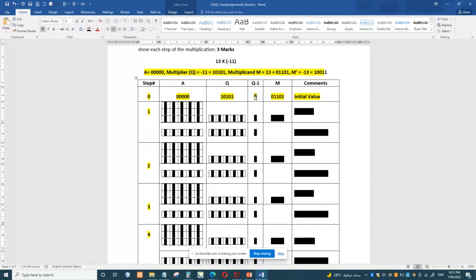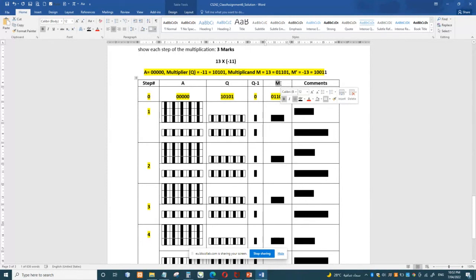But if Q is 1 and Q minus 1 is 0, we perform a subtraction, A minus M, and the result is stored in A. If Q is 0 and Q minus 1 is 1, we perform an addition, A plus M. Are we following?